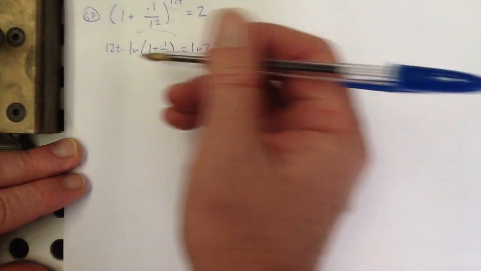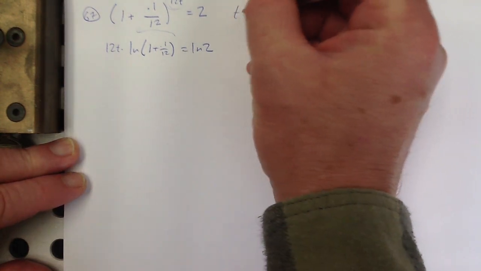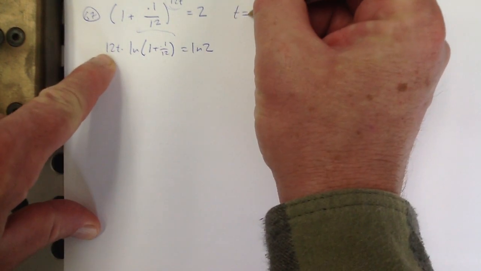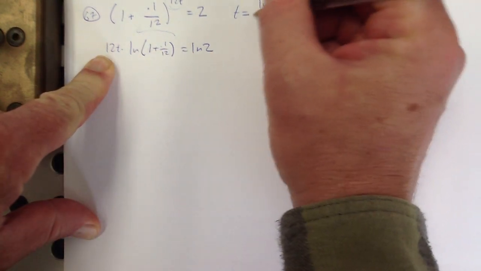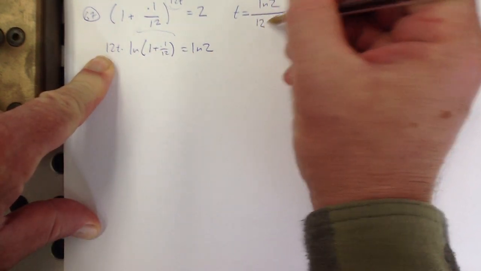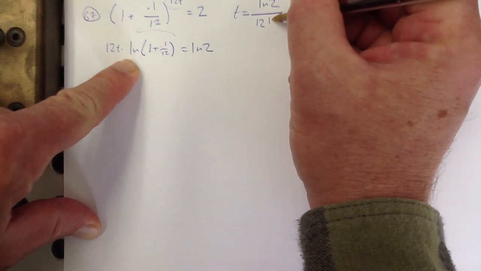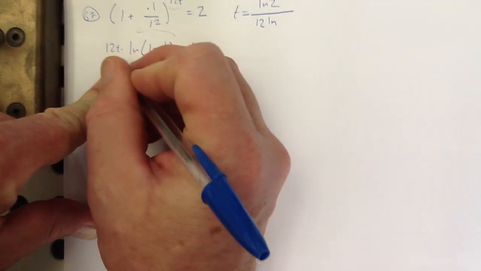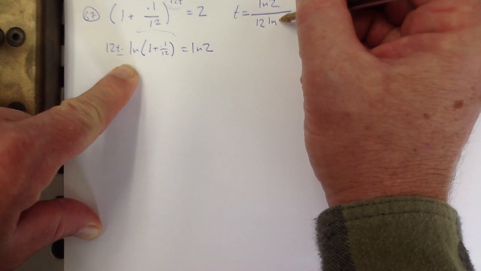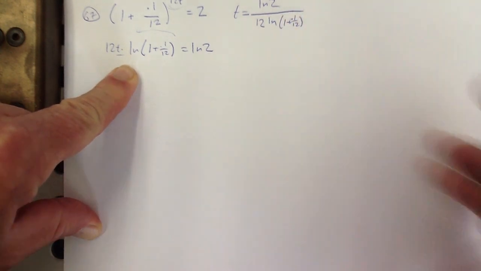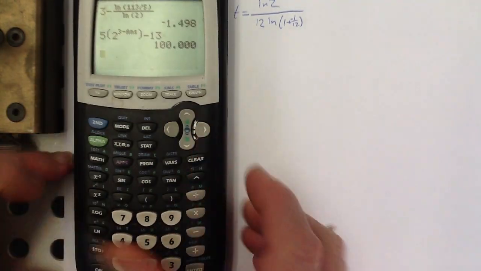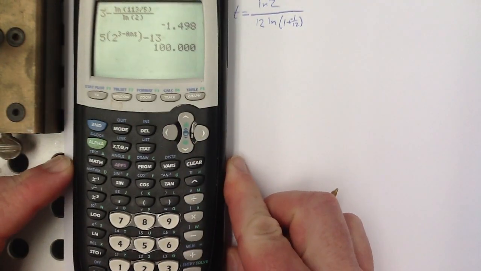So to get t, I need to divide by 12 and this. So I've got natural log 2 over 12 natural log of 1 plus 0.1 over 12. I'm dividing everything off of this side except for the t. So I can get that into my calculator just like that.